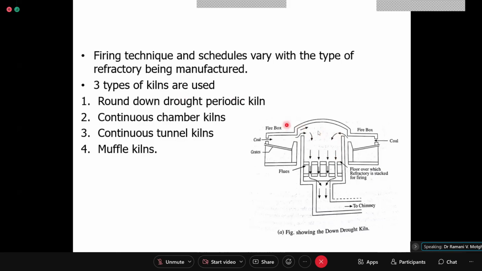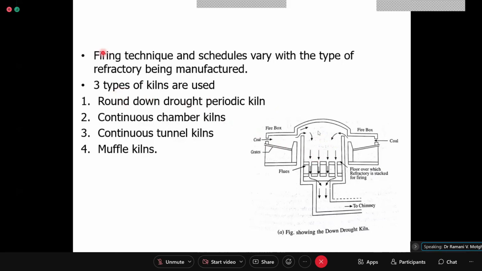Down draught because it is dry, periodic because it is not a continuous kiln, it is a periodic kiln. One stack is kept burnt for 15 days or 3 weeks, and then the refractory brick is taken out, and then again. Such kind of kiln is used mostly for bricks.